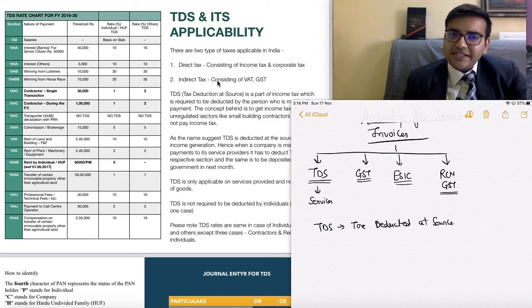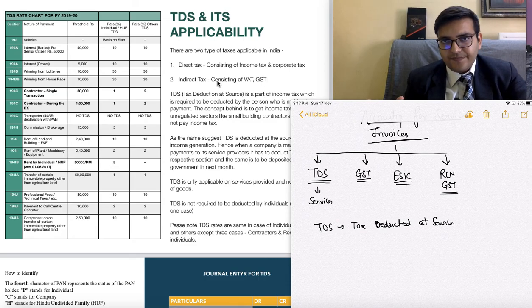Now the concept has been brought in because there are a lot of people like building contractors and repair maintenance contractors, which is an unorganized sector altogether, right? The concept has been brought in for those unorganized sector people who are not paying taxes and not filing their returns.